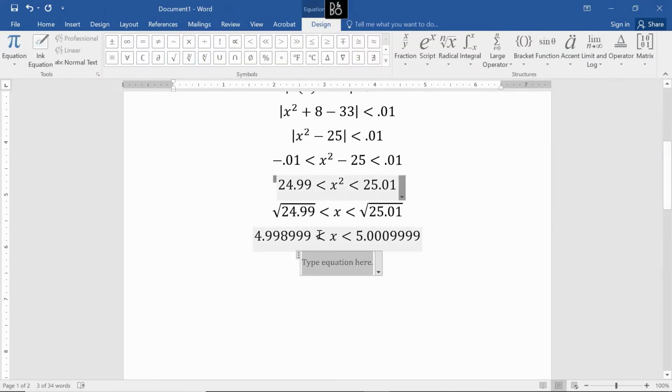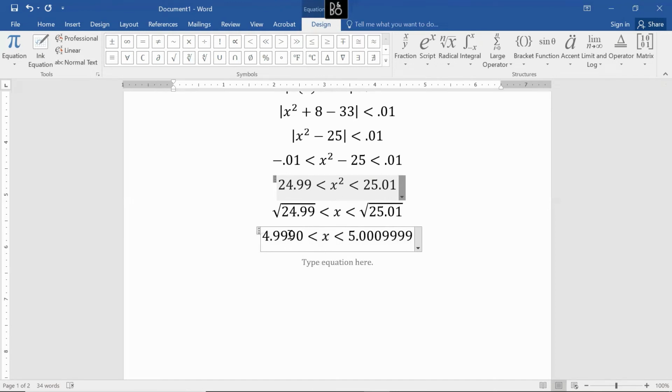If I subtract 5 from all three sides, I take 4.998999 and subtract 5 from that. I'm going to round this to 4 decimal places.